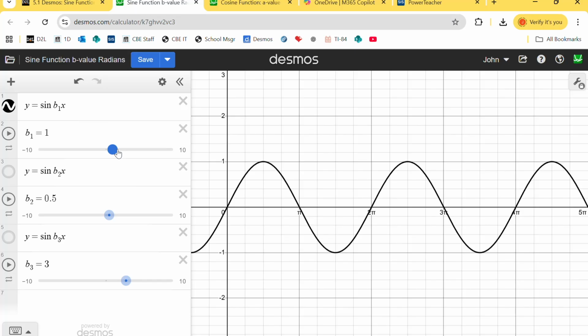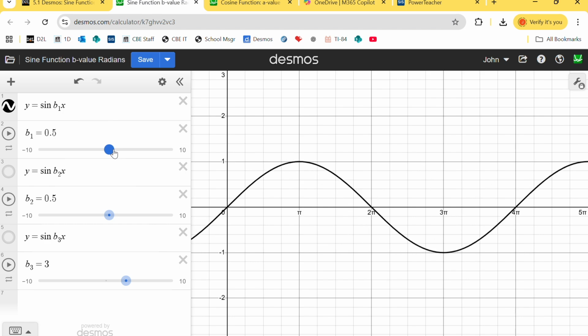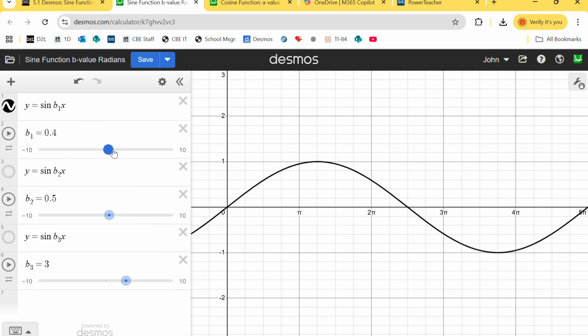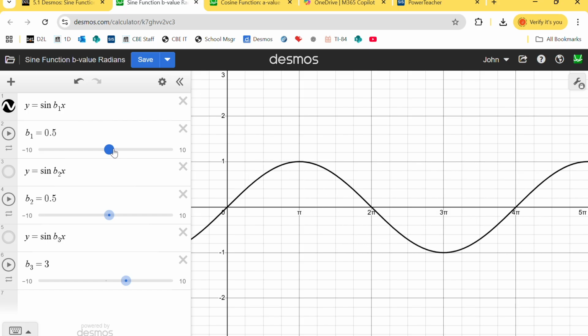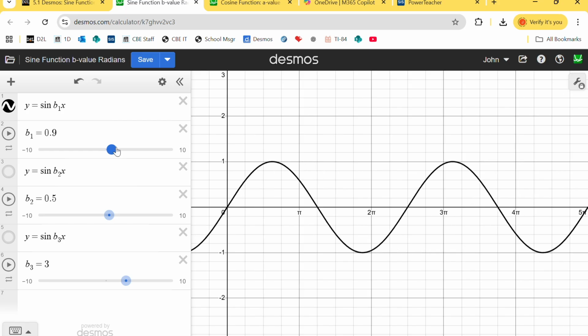So the maximum of 1 and the minimum of -1 will stay the same. Let me go exactly 1/2. There we go. You can see that it starts from 0 and ends at 4 pi. So the period doubled. Okay, let me return this to 1.